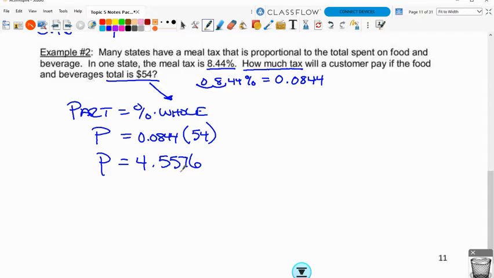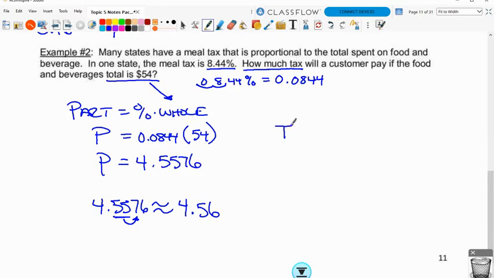Remember that money only has 2 decimal places. So we have to take this number, 4 and 5576, and we have to round it to the nearest hundredth. Right now, it looks like 55 hundredths. We check the thousandths place, though, and we see a 7. This 7 is enough to take 55 hundredths and round it up to 56 hundredths. And so when we change this into money, that's what's going to happen.